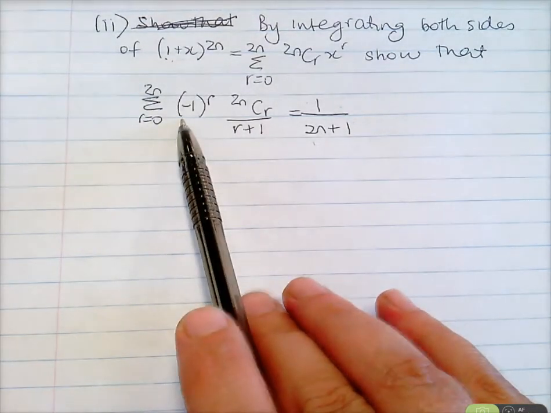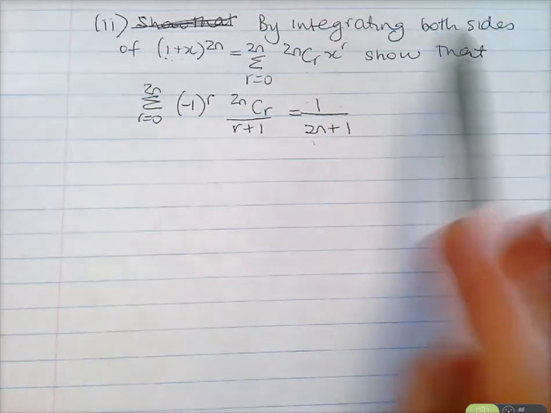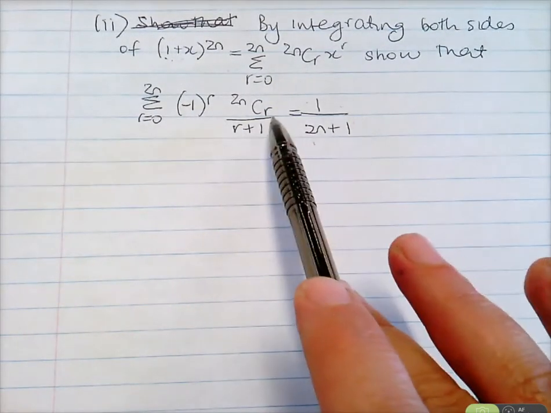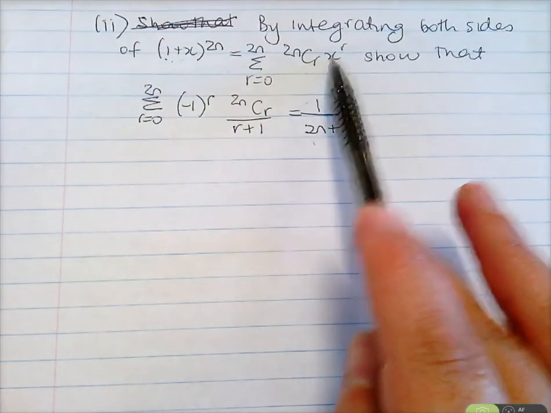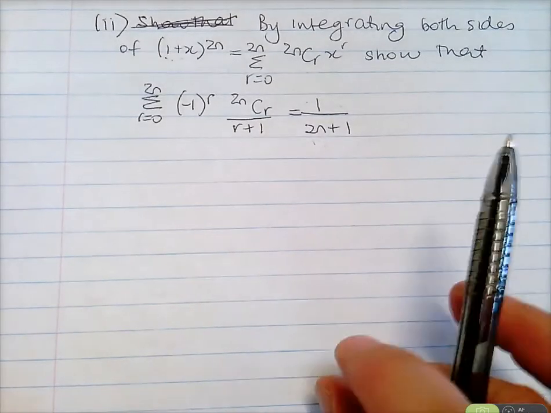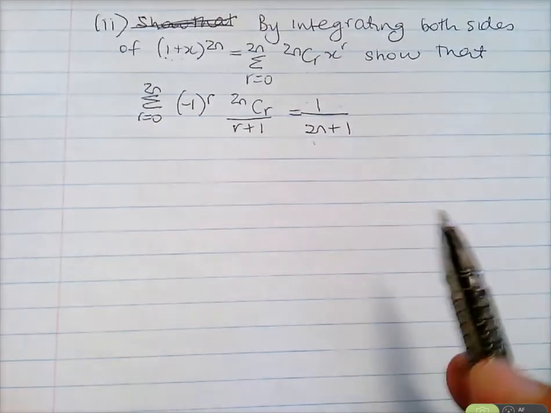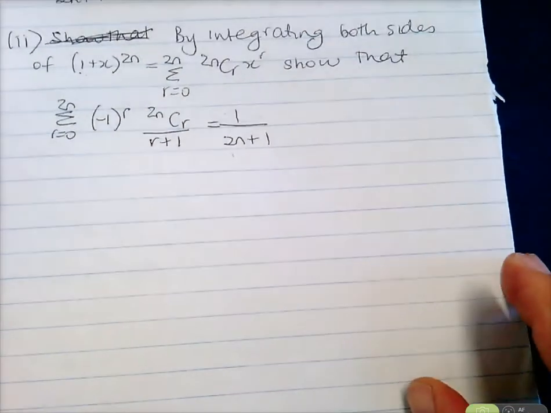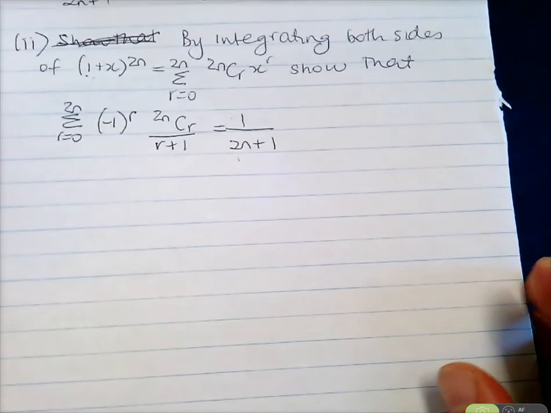There could be a substitution of 0, or if you look at this negative 1 to the r, there could be a substitution of negative 1. So I think we've got a 0 substitution and a negative 1 substitution. Maybe the 0 substitution happens with the k, and the negative 1 substitution happens afterwards.